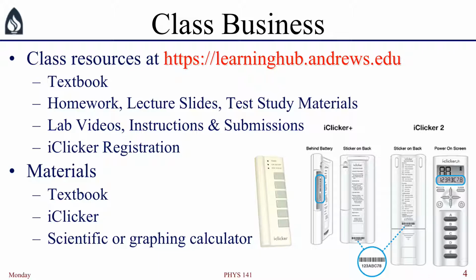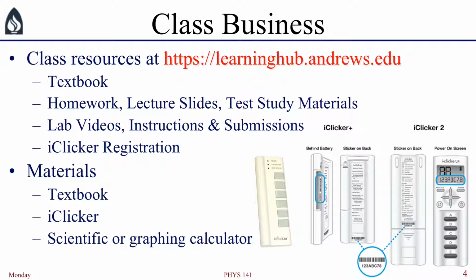You'll also use Learning Hub to submit your iClicker registration. So the iClickers will be used to vote on questions that are posed during the class period. And in order to have your iClicker associated with your name, you'll need to put your iClicker number into Learning Hub. And I'll show you how to do that in just a minute.